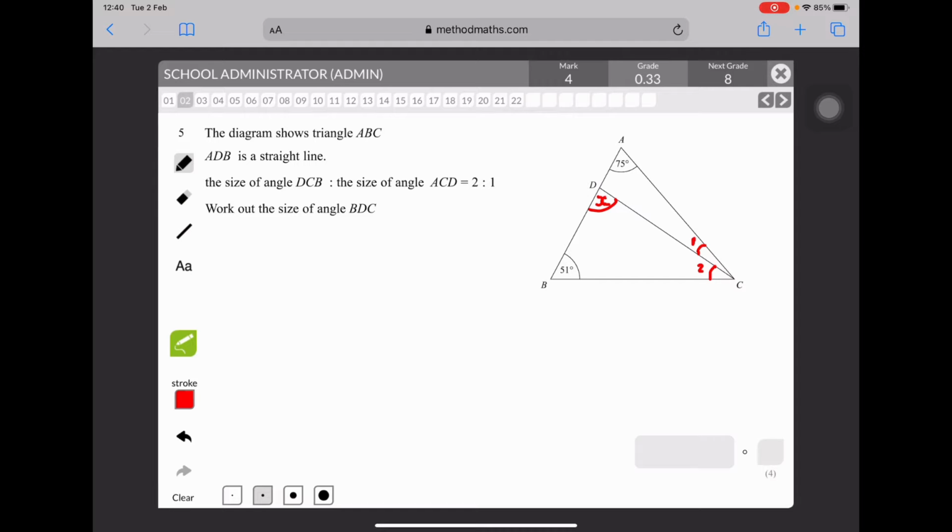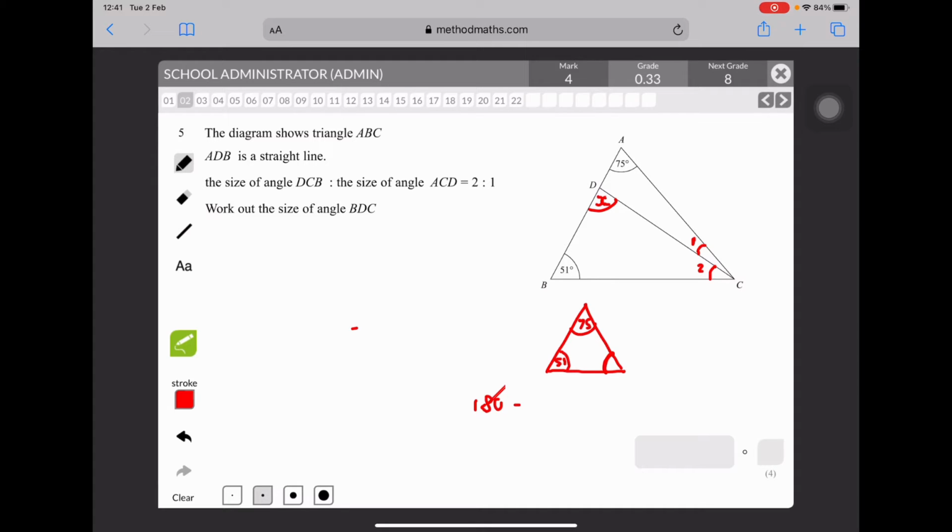Okay, so let's see. Work out the angle of BDC. Alright, so triangle ABC, 51 degrees, 75, and this third angle. We can work this out because we know that the three angles will add up to 180.